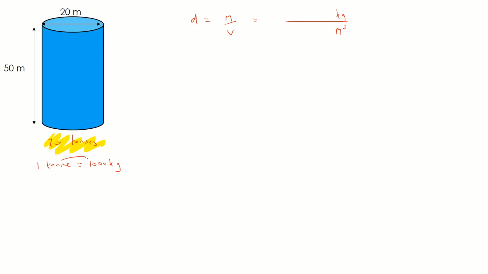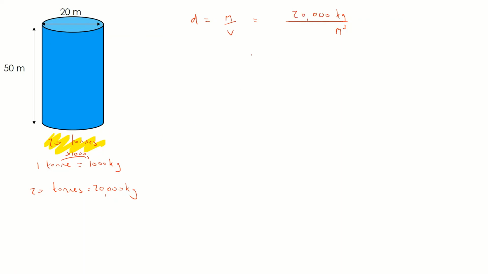So if I'm going this way, I am multiplying by 1,000. So 20 tons is 20 times 1,000. That's 20,000 kilograms. So this is going to be 20,000 kilograms on top.